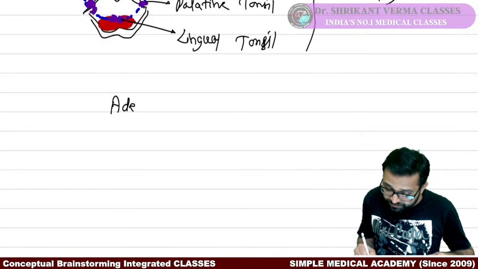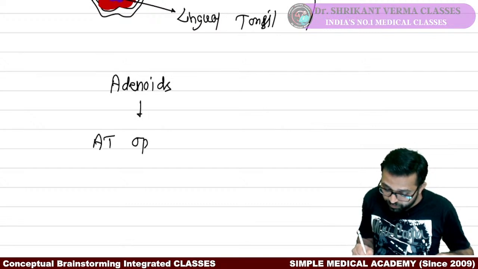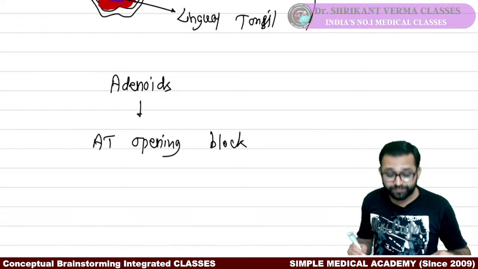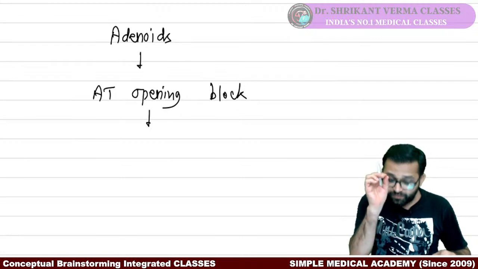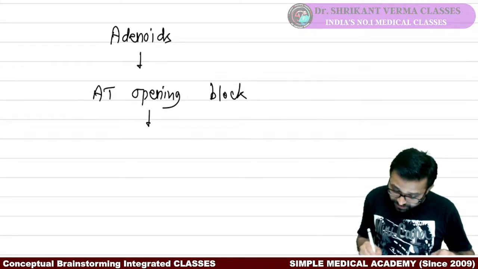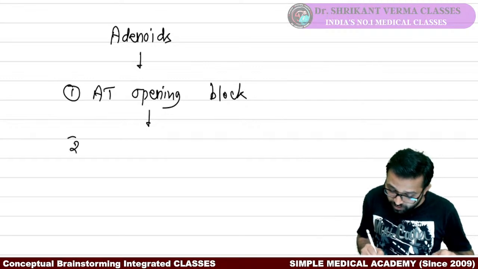Remember, adenoids are responsible for the auditory tube opening block. Now see here, this adenoid is the cause for the auditory tube block.